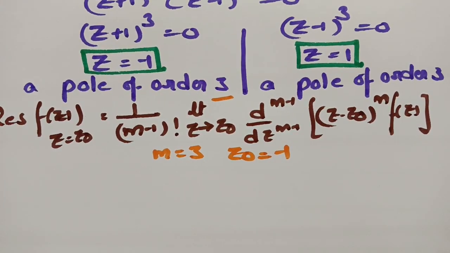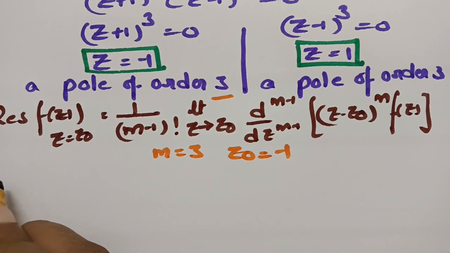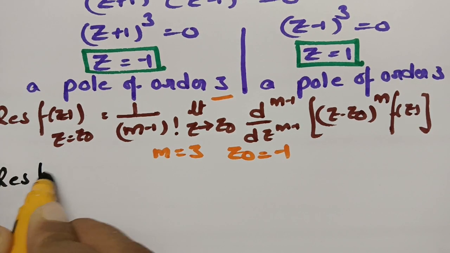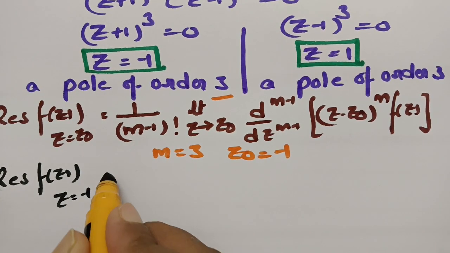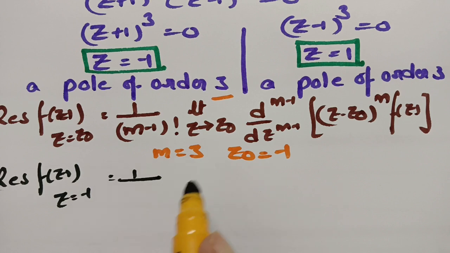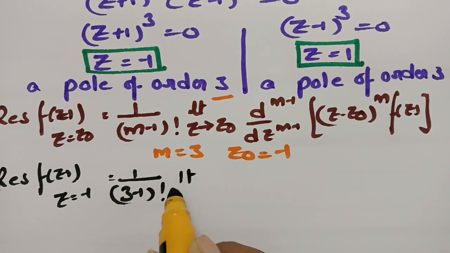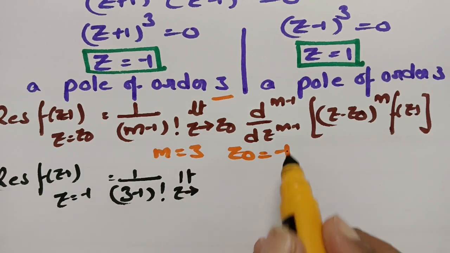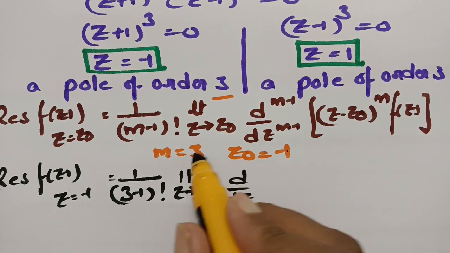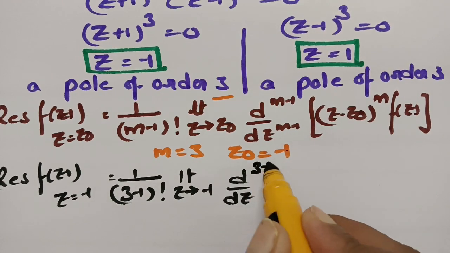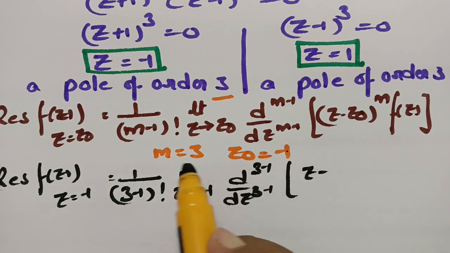So if I substitute each and every term here, the residue of f of z at point z equal to minus 1 will be 1 by (3 minus 1) factorial into limit z tends to the pole value of d by dz power (3 minus 1) of (z minus z naught) power m into f of z.